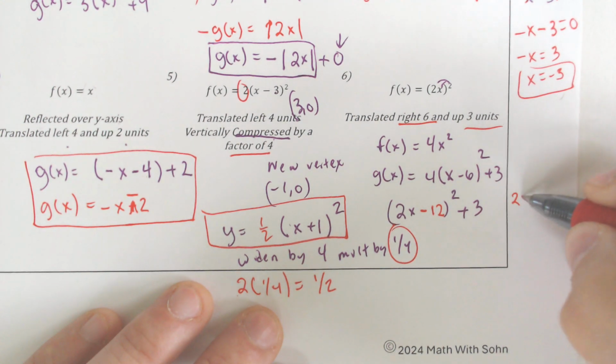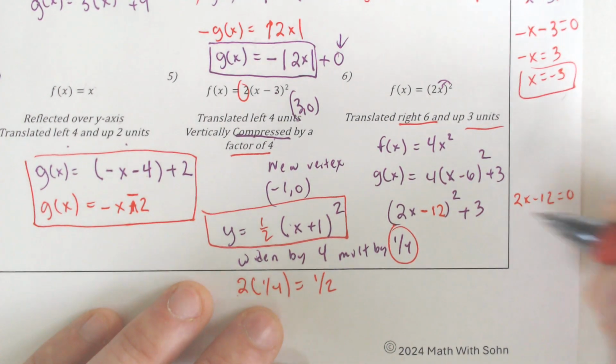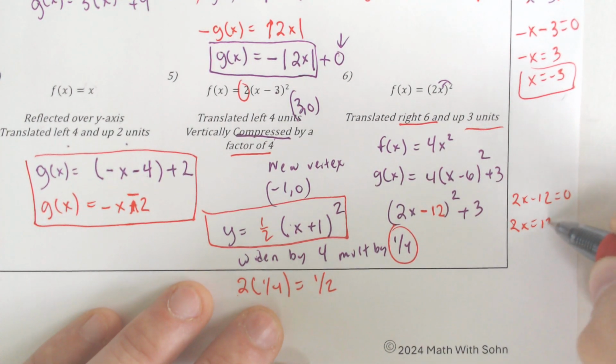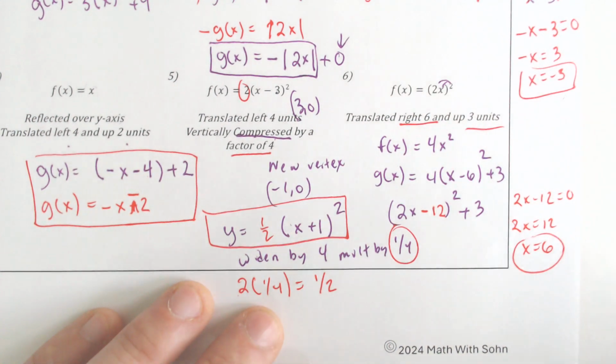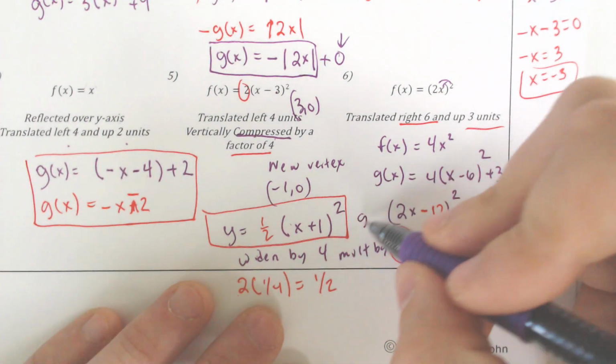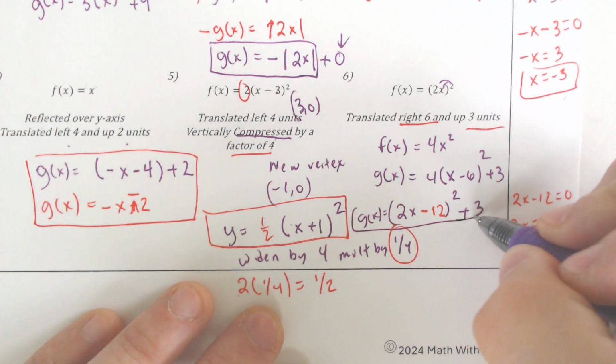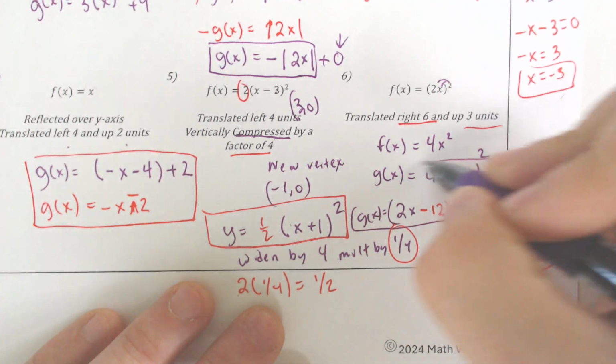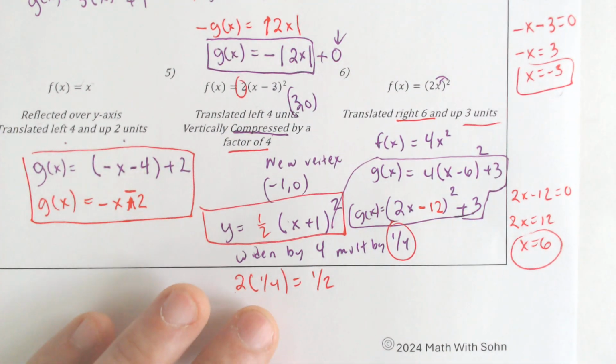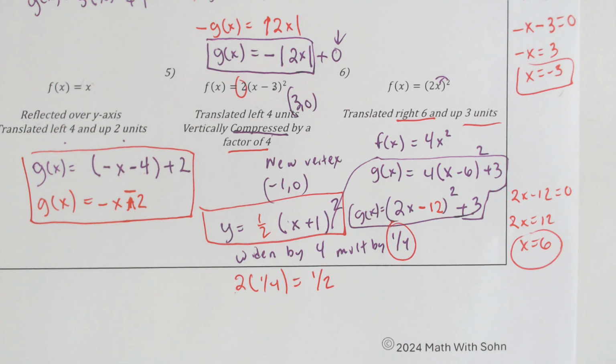So let's make sure 2x minus 12 when we set it equal to 0 would be 2x equals 12 and x equals 6. Okay, so there are two versions of the answer here. I like the top one more, but you might use the bottom one. Both of them are correct.